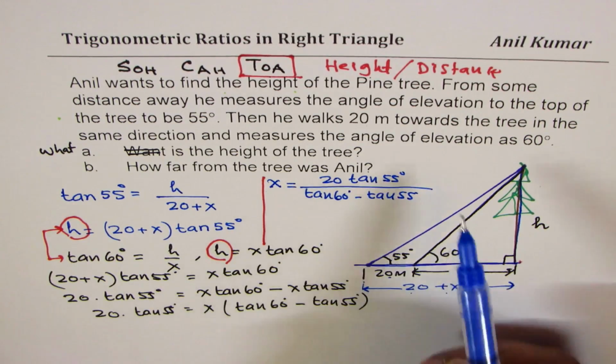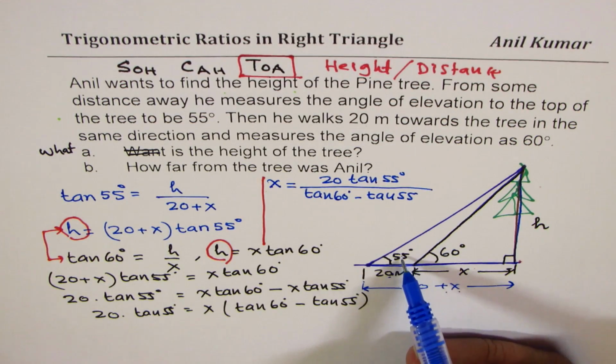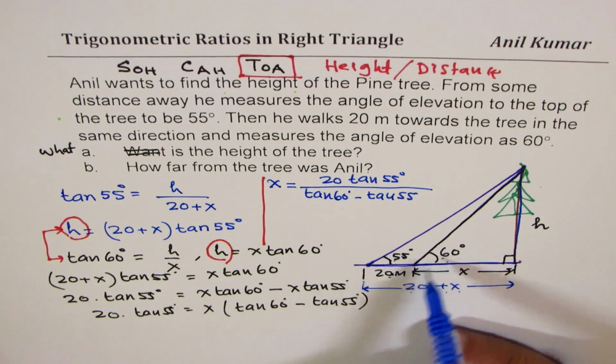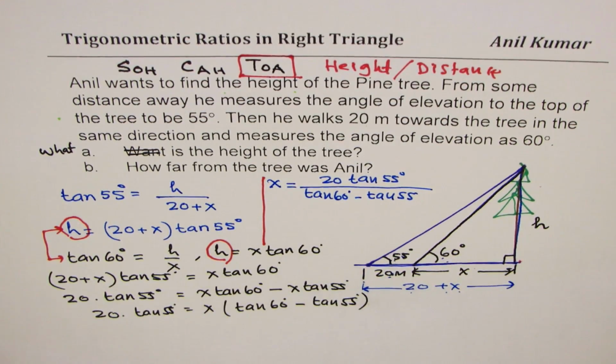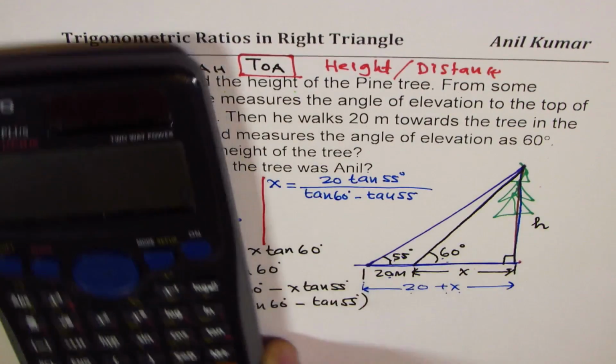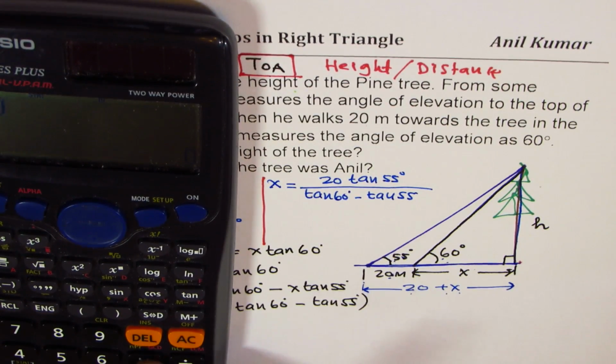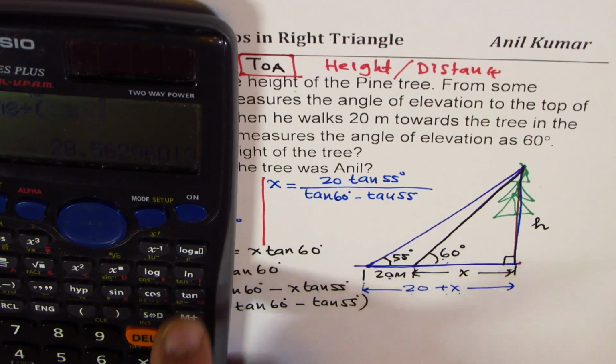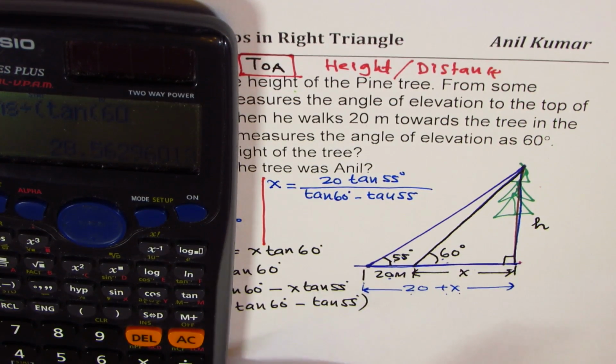So what we get here is 20 times tan of 55 divided by the tan difference of these two angles. Right? So let's calculate. So we have 20 times tan of 55, and now we'll divide this by the difference, which is tan 60 minus tan 55.